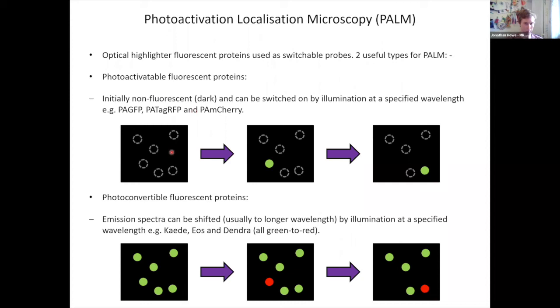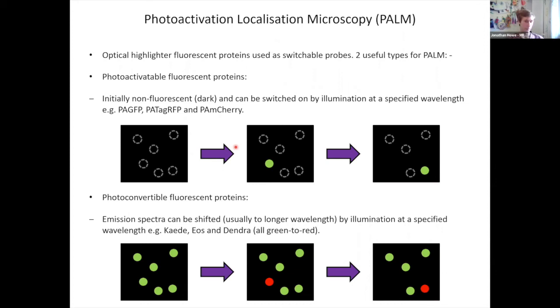It'll just be completely dark. But if you trickle in a low intensity of 405 or UV light, you can induce a photoactivation process, which physically changes the structure of the chromophore of the GFP to turn it into a fluorescent version, which is green.